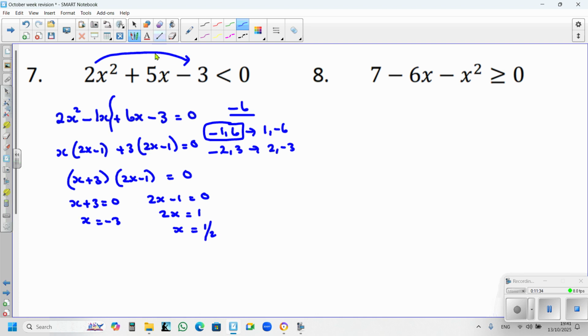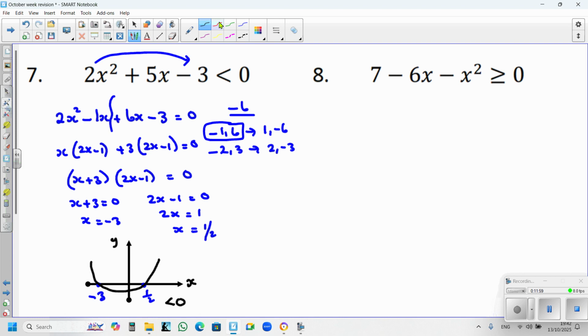So when we draw this one down, we've got a minimum turning point because it's still a positive x squared term. So we've got a -3 root, and we've got a half. And we draw a parabola, so the parabola is still a happy one, it does that. It's less than 0, the bit below the x-axis is less than 0.